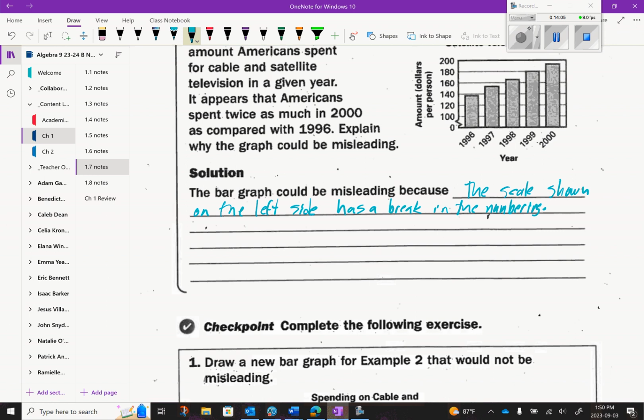So as a result, the graph itself does not show the entire rectangles for this bar graph.